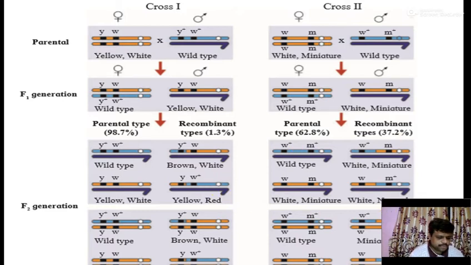The first cross shows crossing over between the Y and the W gene, and the second cross shows crossing over between the W and the M gene, and the dominant alleles are represented by the plus symbol.